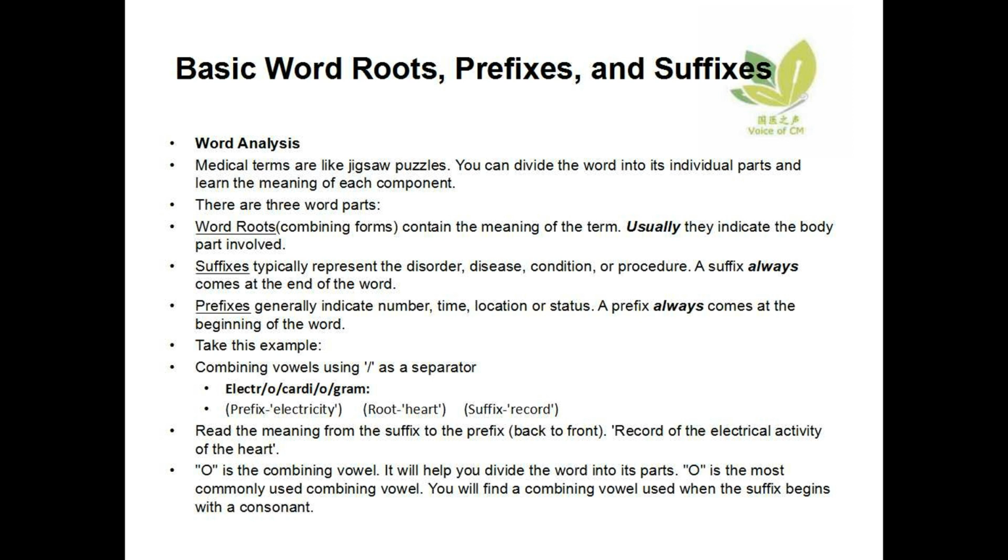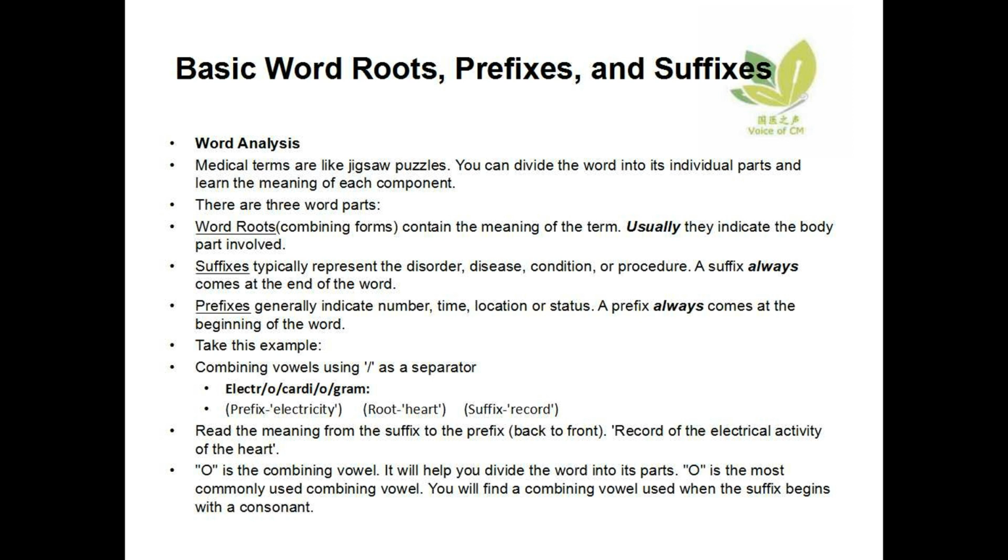The first part, which in this case is known as the prefix, electro, means electricity. The word cardio refers to the heart and the organ of the heart, and it is the root word, which is in the center, as you can see.